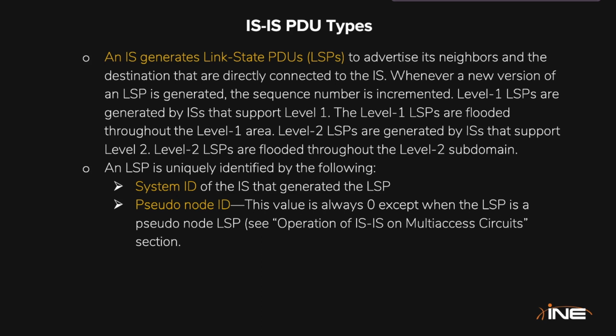Similarly here, the pseudo node ID by default would be 0, but if there is a DR present, which is called the DIS in ISIS, in that case, there would be another LSP, which is the pseudo node LSP, and the ID would always be 1 or more than 0. The LSP number ranges from 0 to 255. It is basically a 32-bit sequence number.